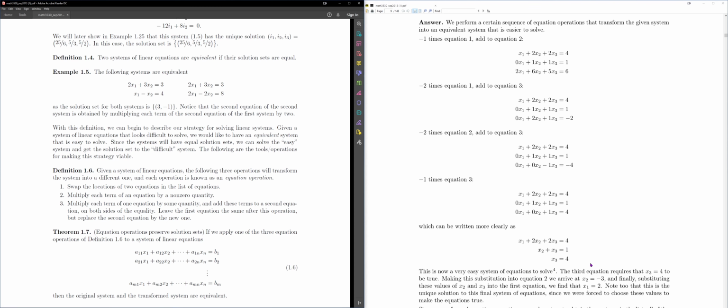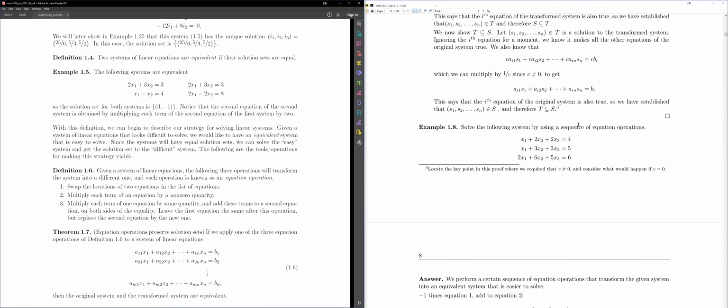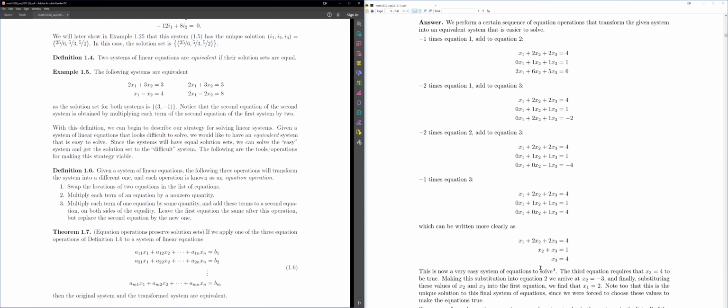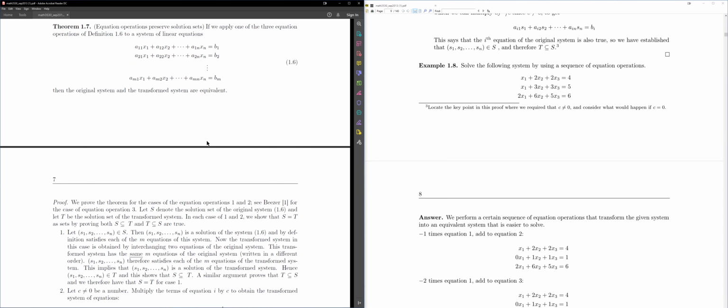The solution set for this is equal to the solution set for this, and this one is easy to solve by back substituting. Because it's the same solution set, it means we solved the system. Anyway, systems being equivalent means that they have the same solution set.